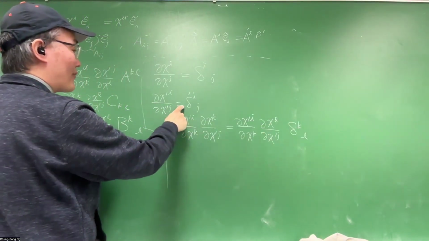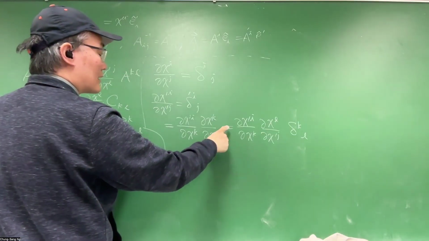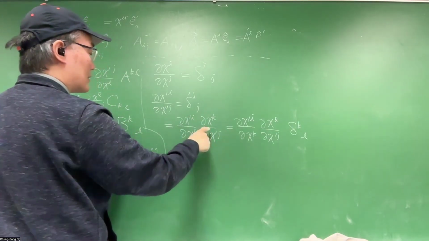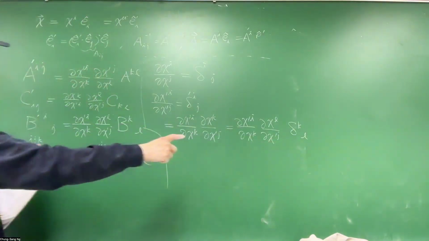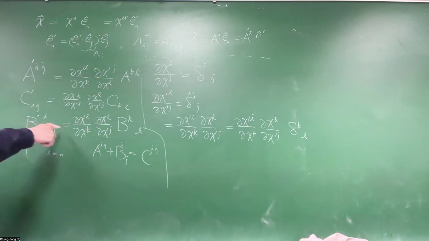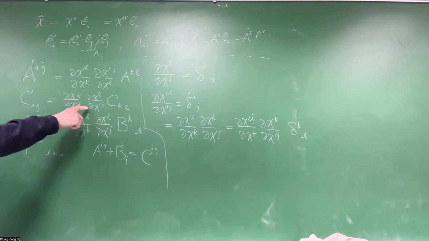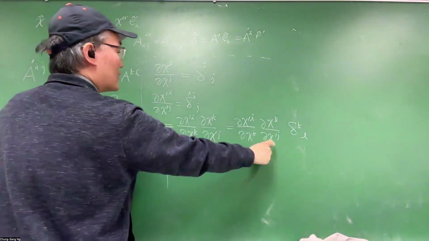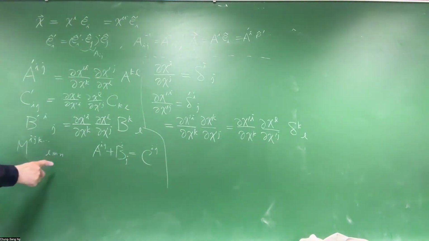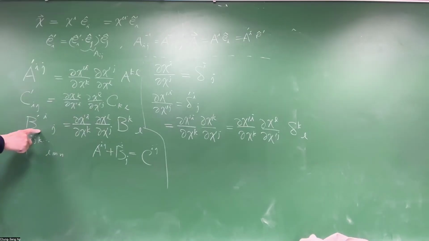And then the subscript J transforms like the covariant one, like the second matrix here.